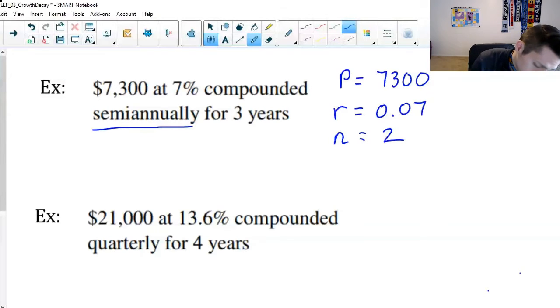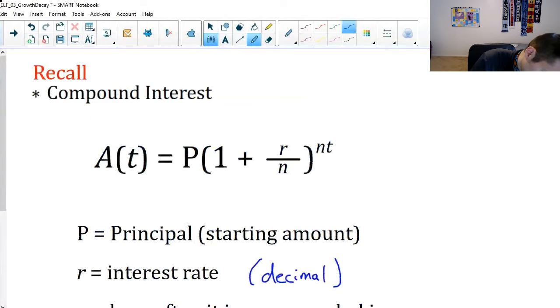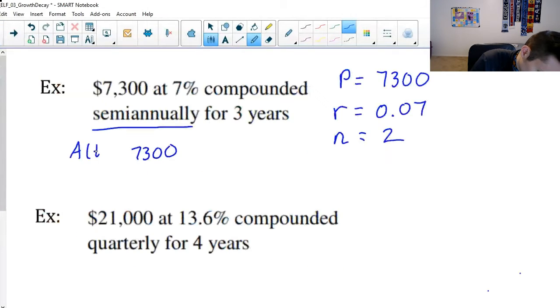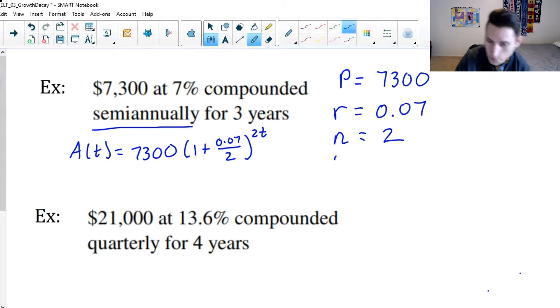So just my general formula would be, sorry, let me fix something real quick. A of t equals 7,300, 1 plus 0.07 over 2, to the power of 2 times t.